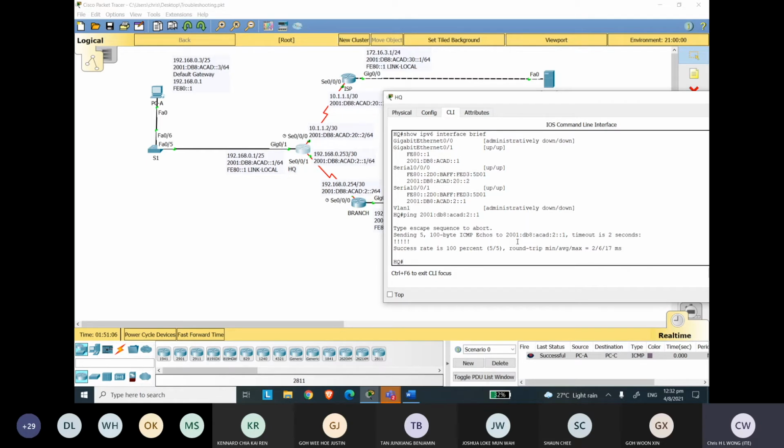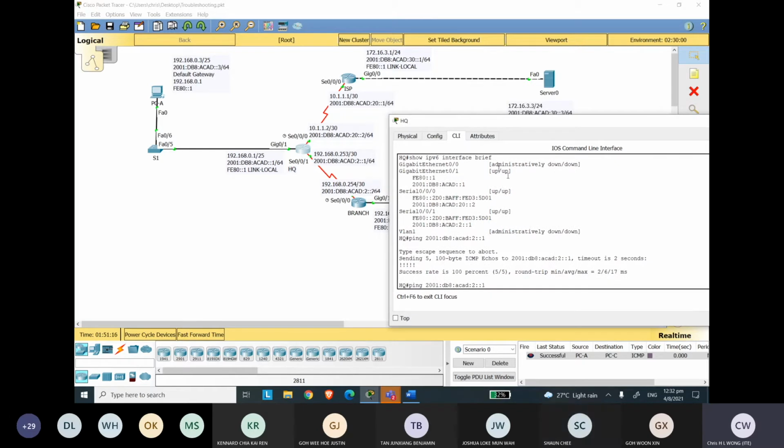Are you able to ping from HQ router to the ISP router? What is the ISP router? Can somebody tell me what should I type for the ISP router when I want to ping the ISP router? What is the IP address? Ping from HQ router to ISP router. Can somebody tell me what is the ISP address?